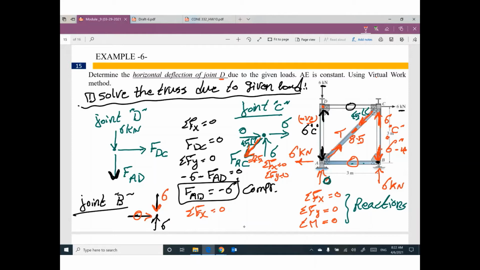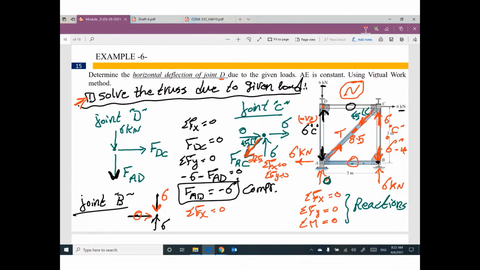All of these forces in these members will be considered capital N. All of this calculation is only the first step: solve the truss due to the given load. The first step is chapter 3.